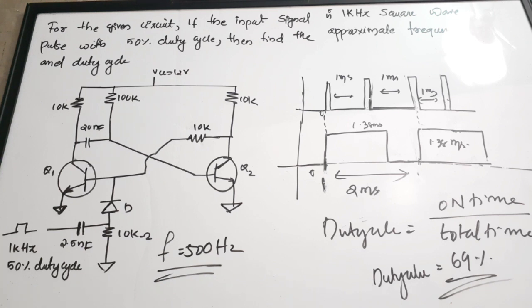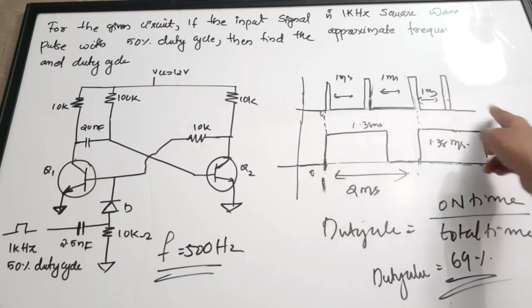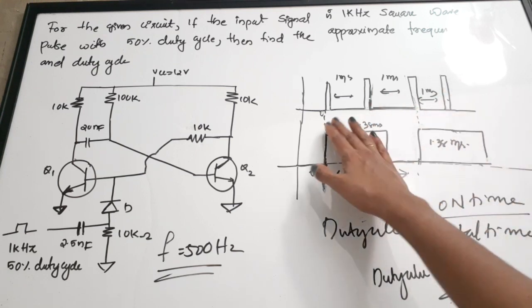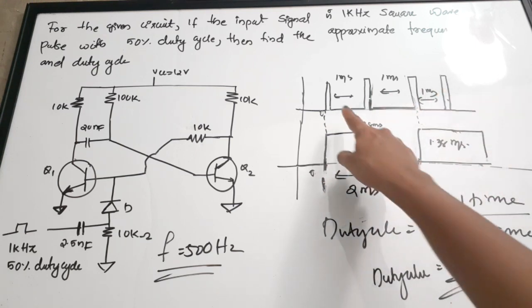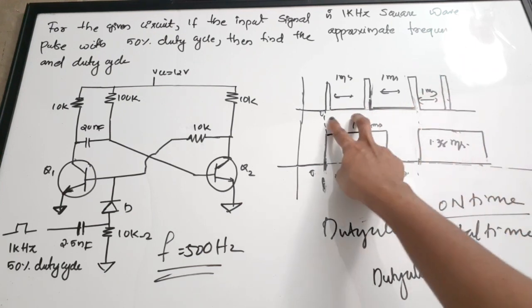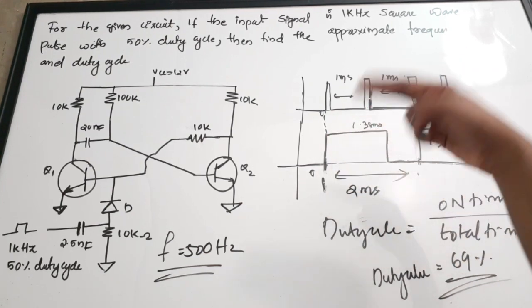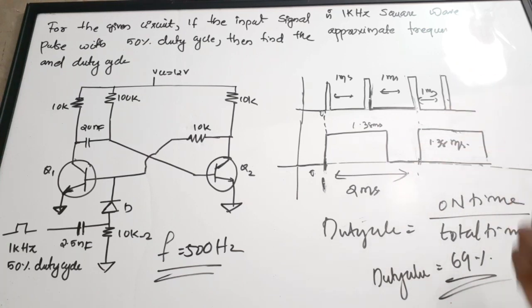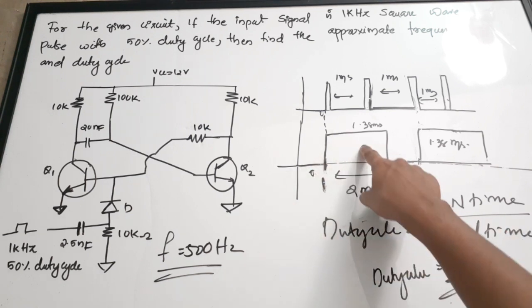So here we are applying a 1 kilohertz waveform through a differentiator. So we'll get 1 kilohertz frequency pulse trains, where the time period is 1 by 1 kilohertz, or 1 millisecond. So after every 1 millisecond, a triggering pulse is generated. On the coming of this triggering pulse, the wave has to shift from stable to unstable state.